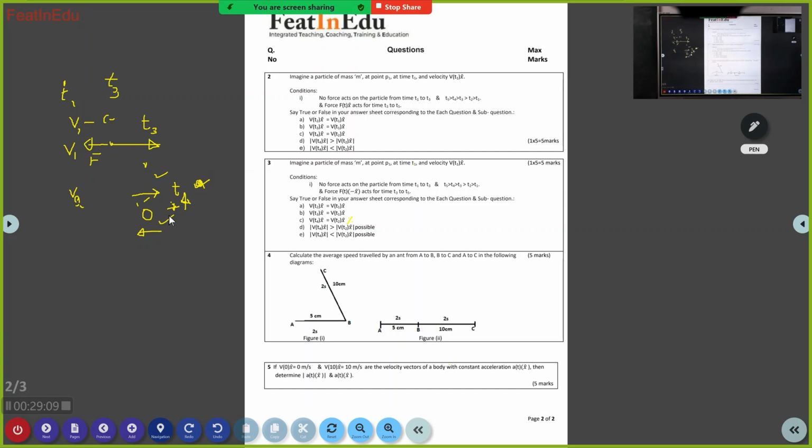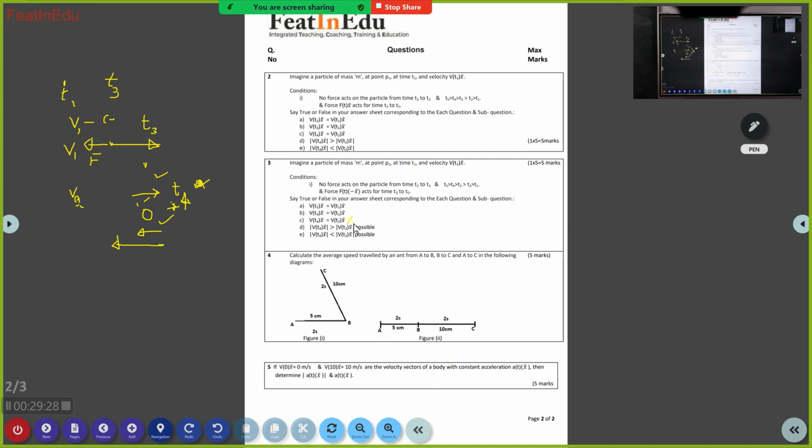So the speed starts increasing in reverse direction. So there is a possibility that this vector can become bigger than the initial. So what I have written here, this is possible. True.